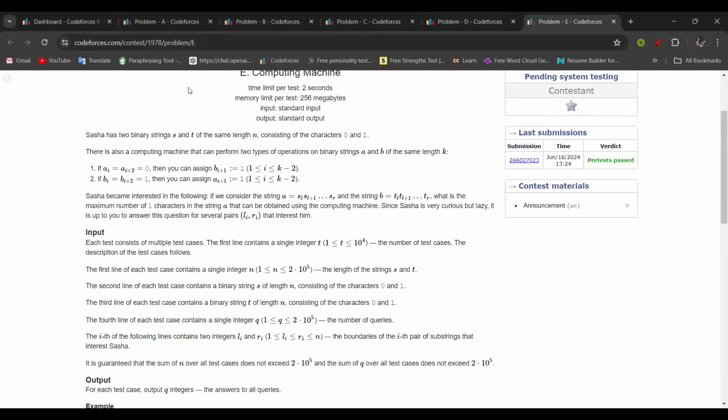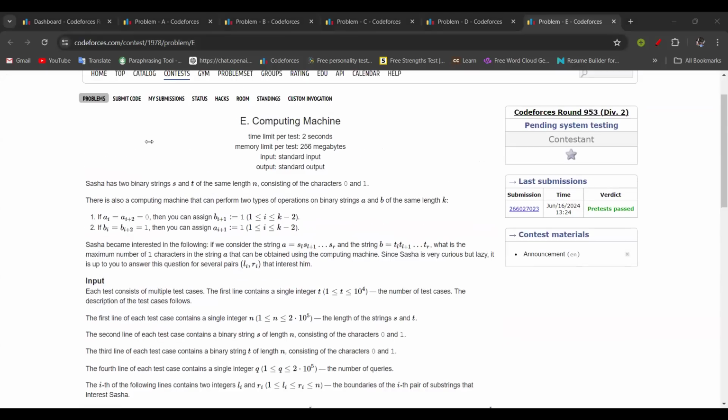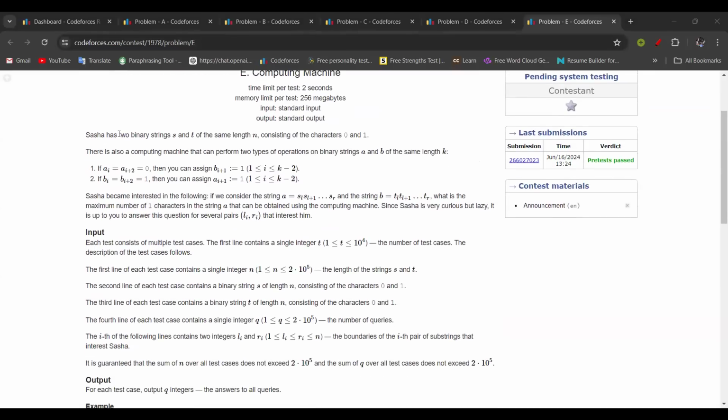Now we will move to the last problem of our discussion today. Sasha has two binary strings S and T of the same length n, consisting of the characters 0 and 1. There is also a computing machine that can perform two types of operations on binary strings a and b of the same length k.